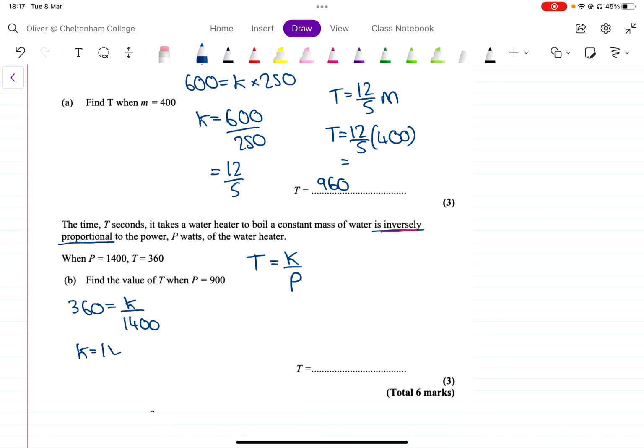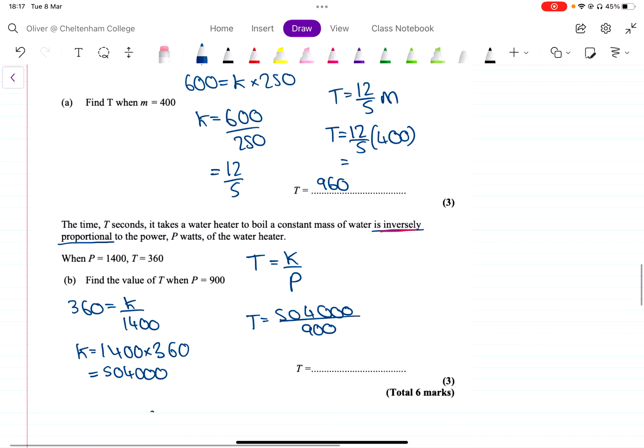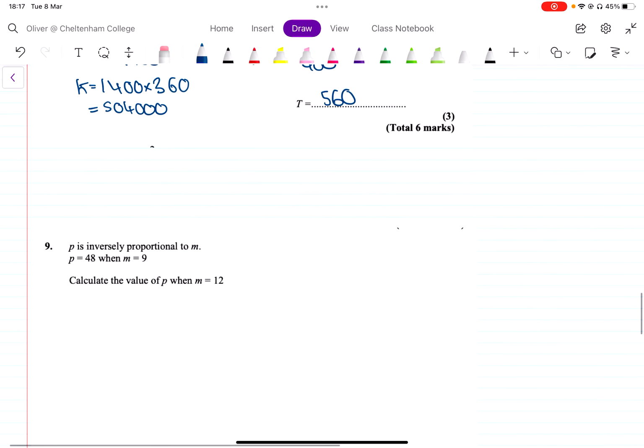Get an answer for K, which is 1400 times 360. So I get that. And now I want to know when P is 900. So T is 504,000 over 900. Sum it into my equation, and I get that time is 560 seconds.